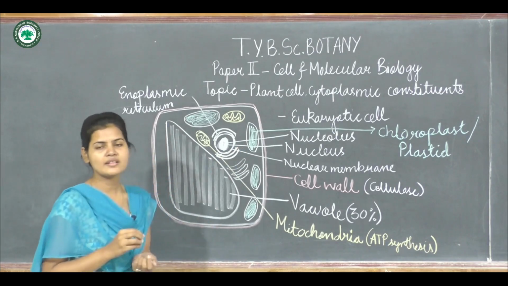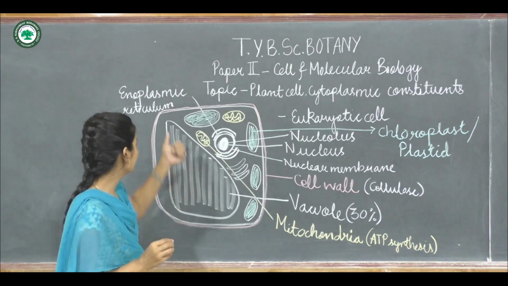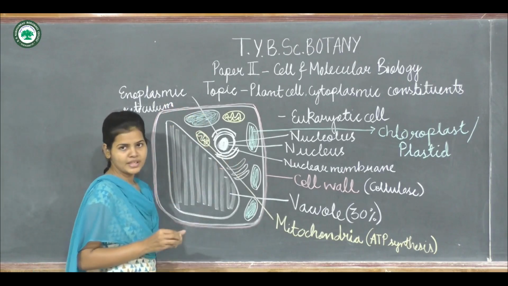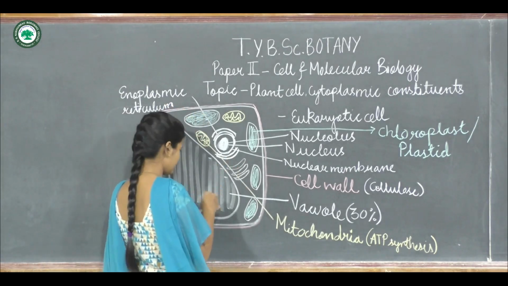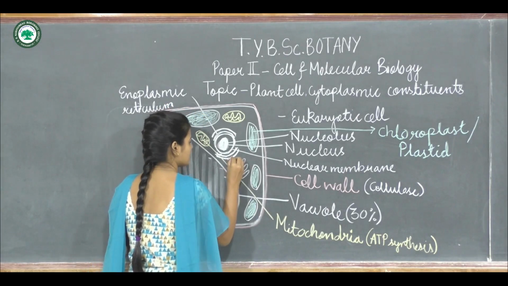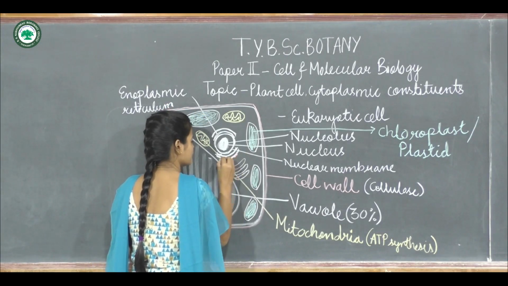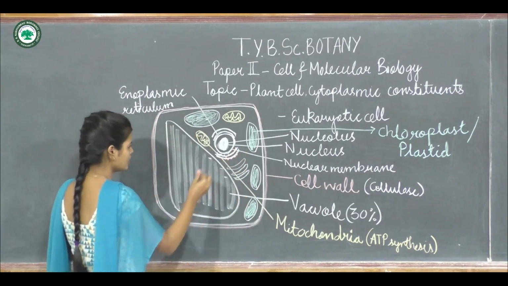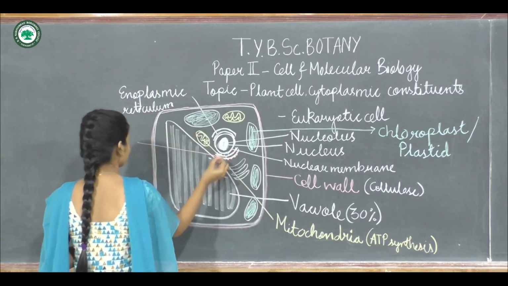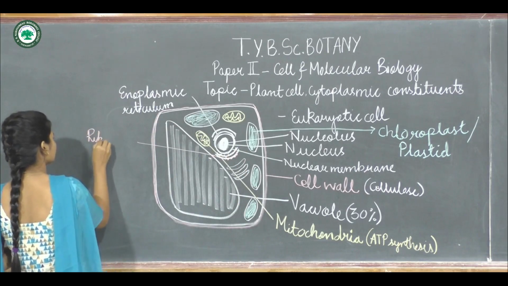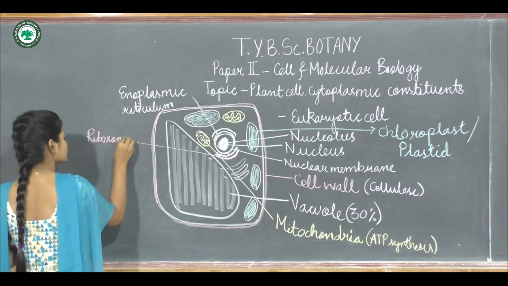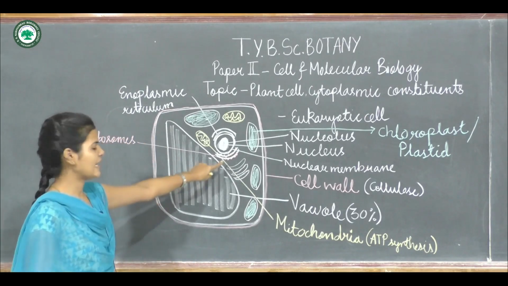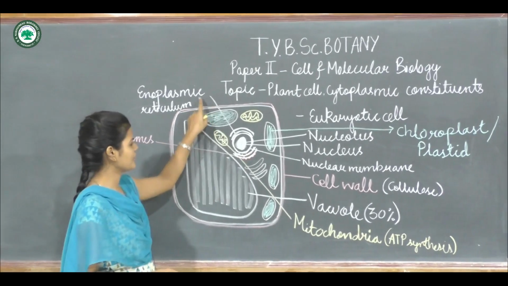Now here protein synthesis process will occur in the endoplasmic reticulum, and on this endoplasmic reticulum there are structures. So these are called ribosomes. Now these ribosomes are present on the endoplasmic reticulum.